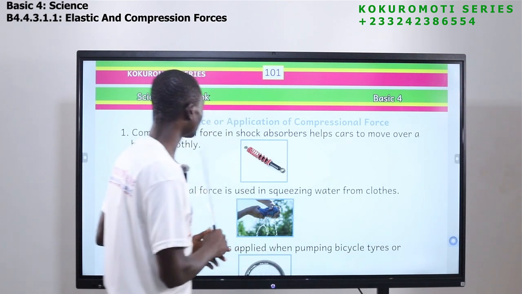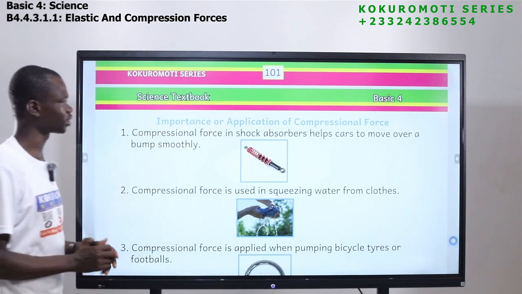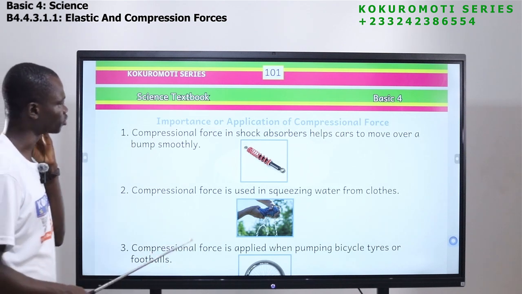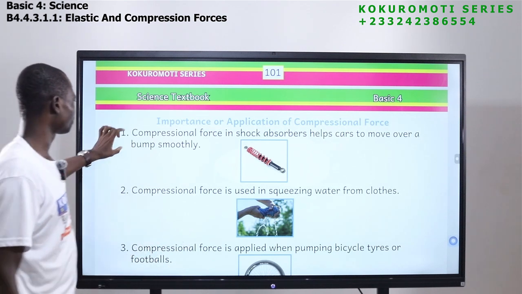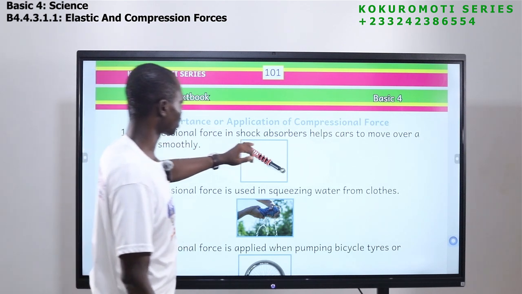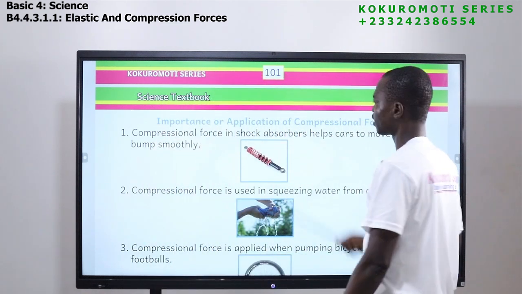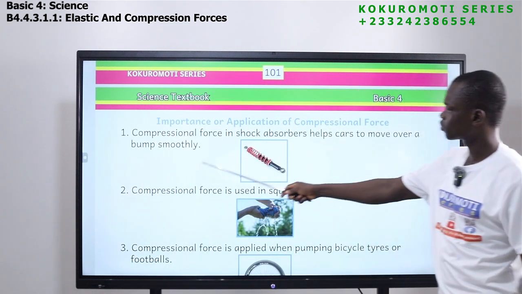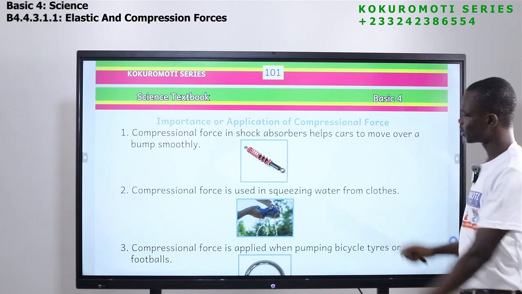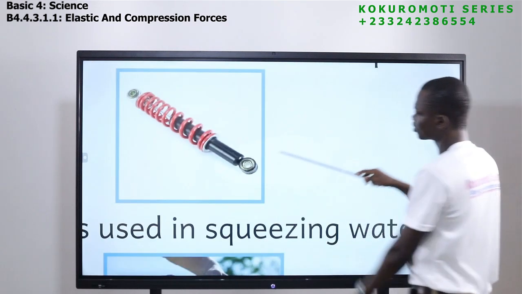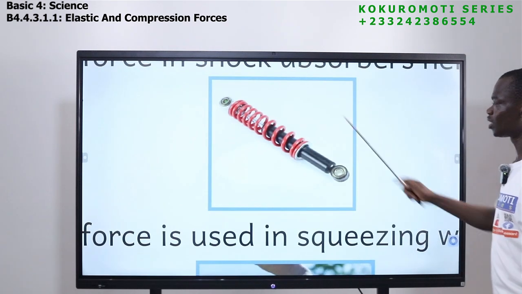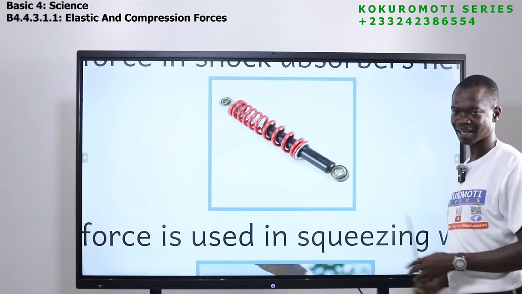Okay, now let's look at the importance or application of compressional force. The first one is that compressional force in shock absorbers helps cars to move over a bump smoothly. So this is a shock absorber. We have this in our cars where the tires are.